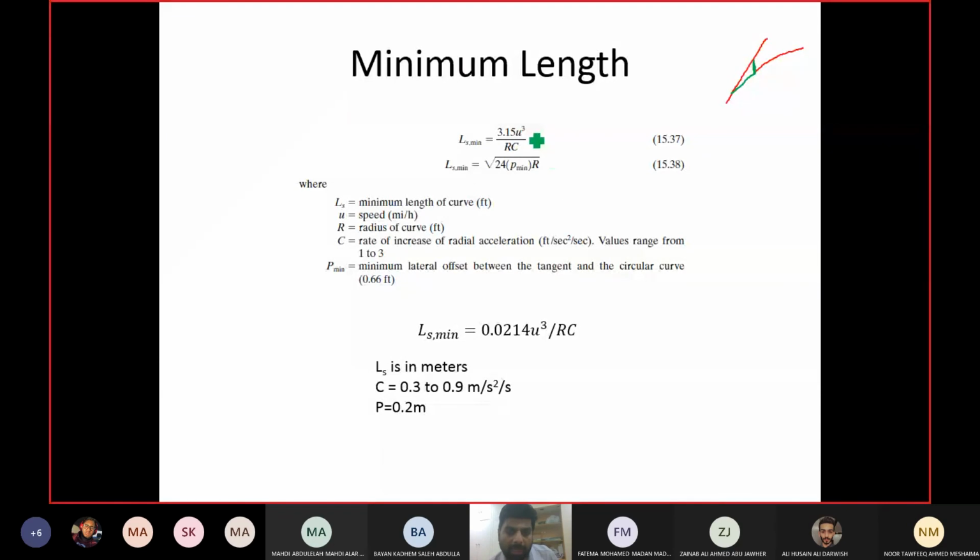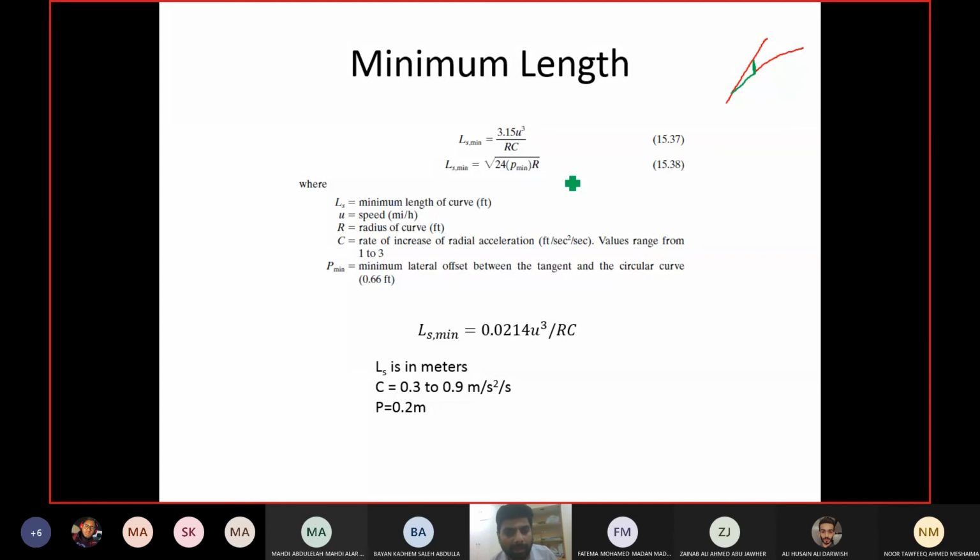Now you will have two values for the length of the spiral curve, from these two equations, and both of them are saying minimum. So both are minimum criteria. Let's say the first equation gives you 100, the second one gives you 150. Which value would you take, 100 or 150? We have done it for the vertical curves as well.